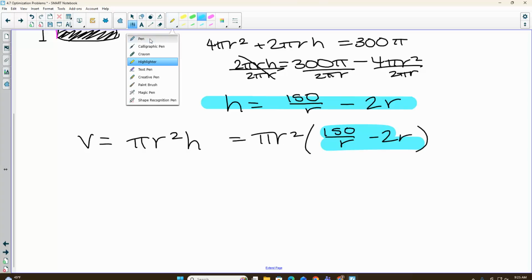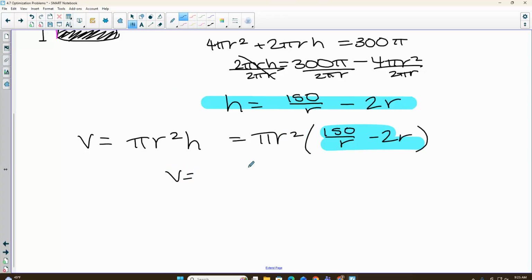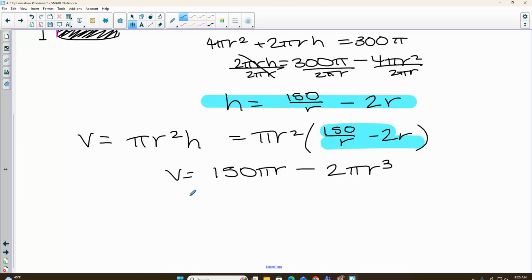If we simplify, so if we distribute the pi r squared, we get 150 pi r minus 2 pi r cubed. Now what do we do? Derivative. R is my variable, so the derivative of 150 pi r would just be 150 pi. Derivative of 2 pi r cubed would be 6 pi r squared. And we always set our derivative equal to 0.